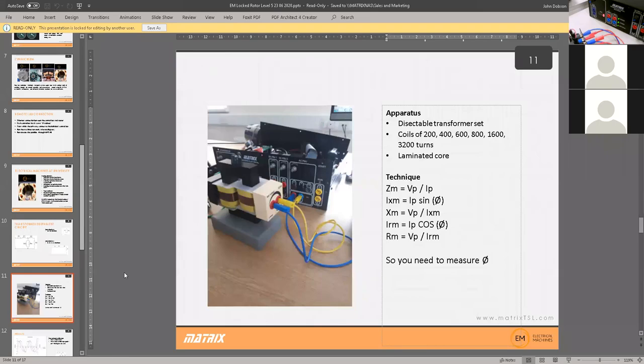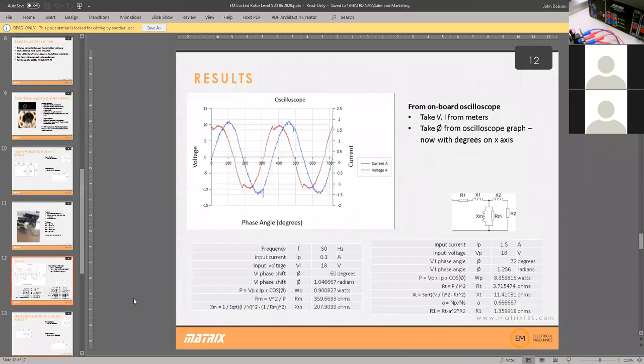Fortunately the software has an oscilloscope built in, and you can see here a typical plot of the voltage and the current. There's a setting on the oscilloscope where you can set the x-axis to be phase, so it's measuring the phase angle in degrees. Simply by measuring the peak current and the peak voltage, you can get the phase angle between the two.